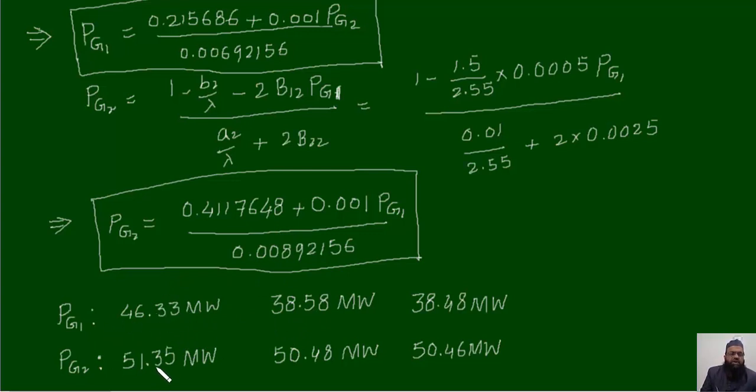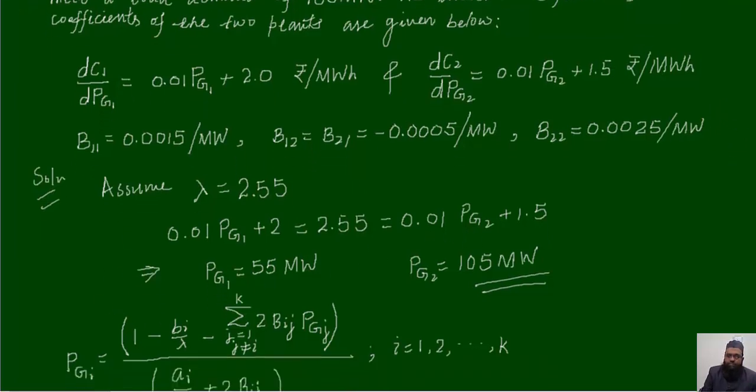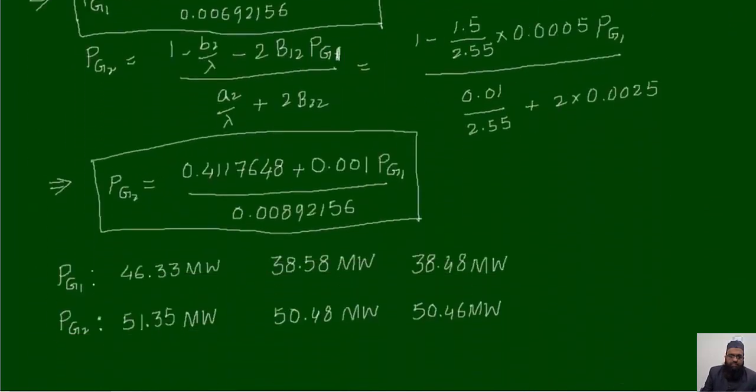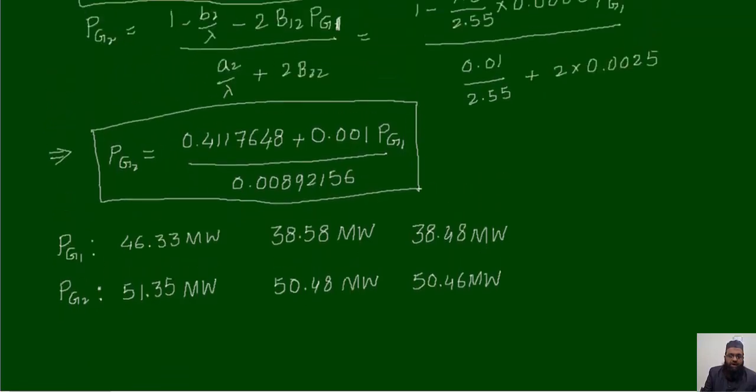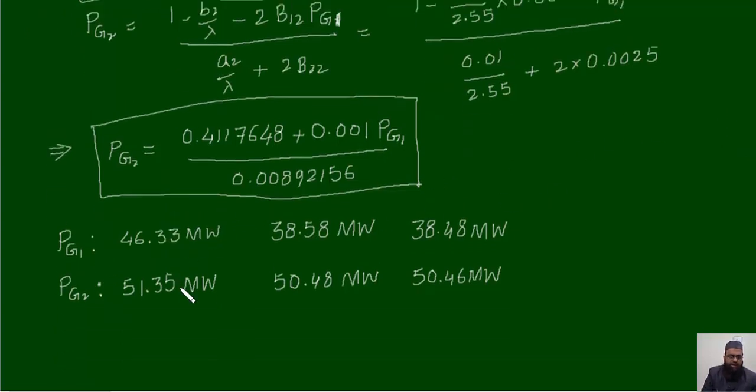Now we have this updated value of Pg1 and Pg2. Initially we have taken these two values by that equation by assuming initial value of lambda, and we have equated this equal incremental cost criteria and we have obtained Pg1, Pg2. Now those values are updated and these are the updated values Pg1 and Pg2.